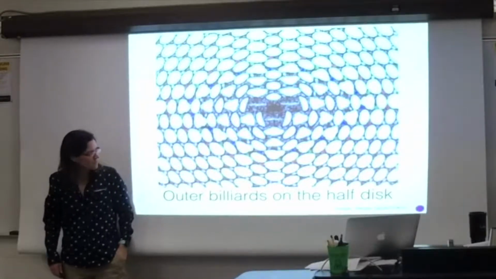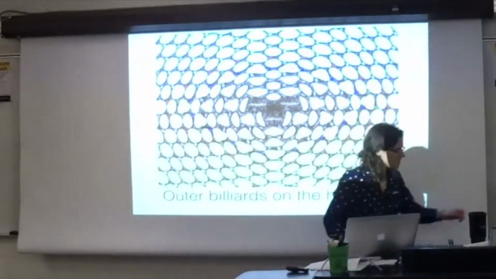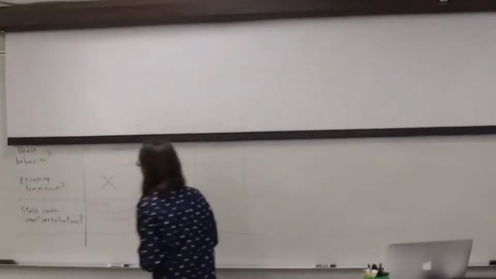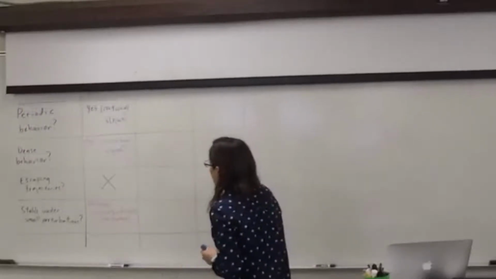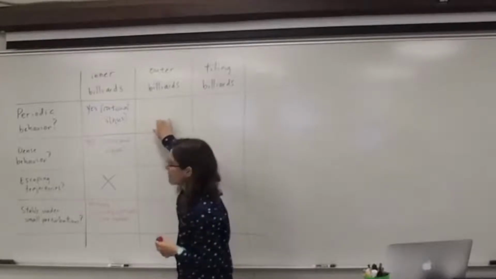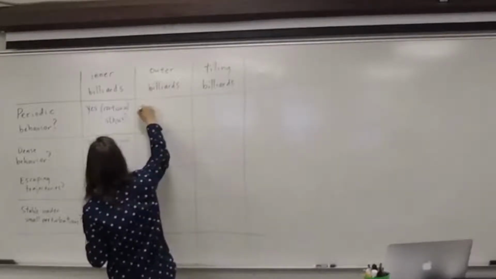Yeah. Okay. So with that, we concluded our study of outer billiards, and we can ask the same questions again. So, is there periodic behavior? Yeah, yes, on the square, at least.